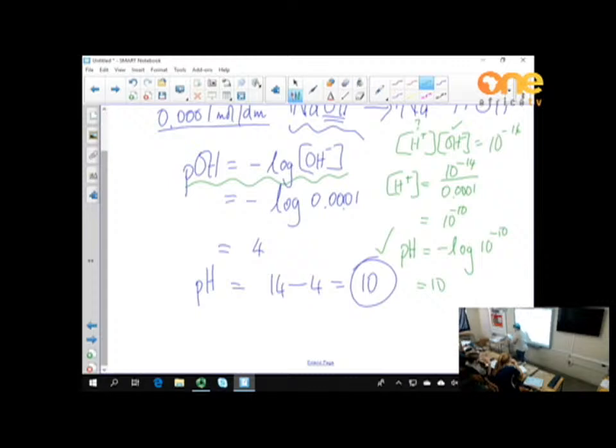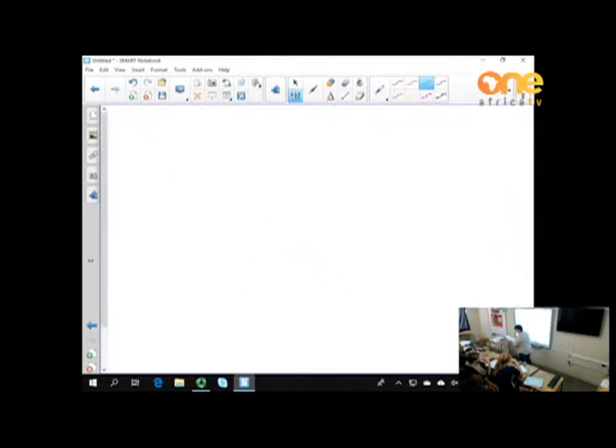Okay, then. Number 5: the pH of a cool drink is determined to be 4. What is the hydroxide ion concentration? Okay, so pH 4 is equal to minus the log of the hydrogen ion concentration.